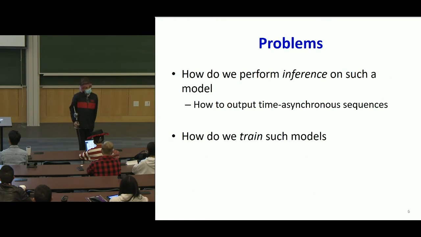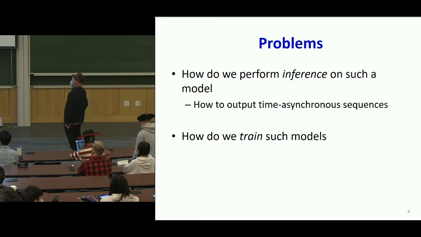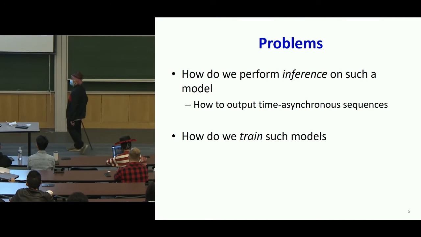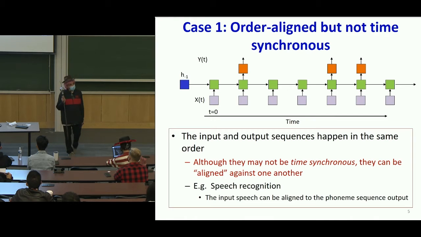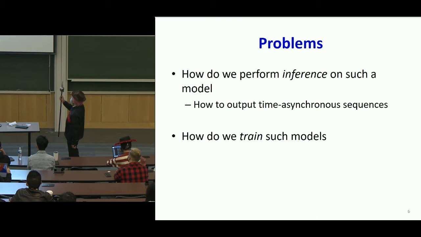And there are two problems here. First, how do we perform inference on such a model? Namely, if I give you the input, how do you predict the output? And secondly, how do we train these models?